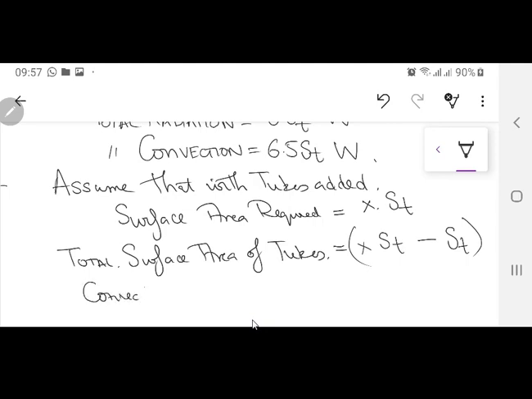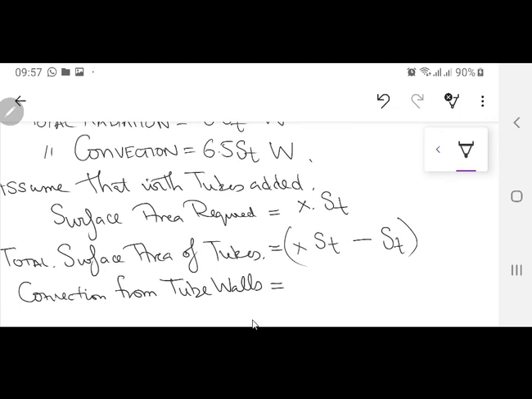Next thing, convection from tube walls. So if you are going to use tubes now, how much convection will there be from the tube walls? You are going to have the same factor, x ST minus ST, multiplied by 6.5 over here.